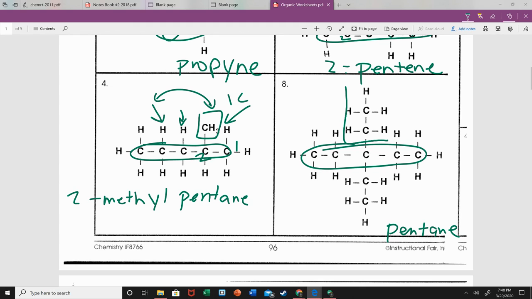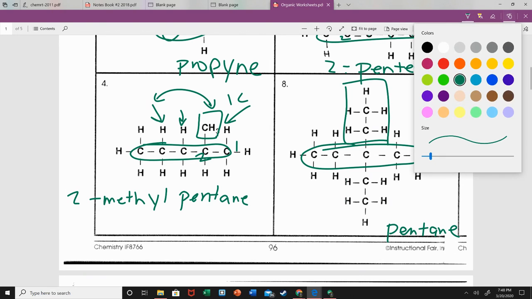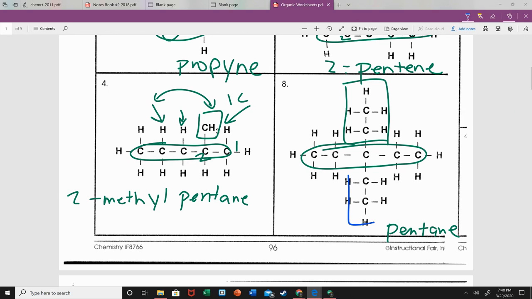I have a branch here, and I'm going to use a different color because I want you to really understand that there's 2 separate branches here. This is not one very long branch, right? Because the branch has to come off of the tree, okay?